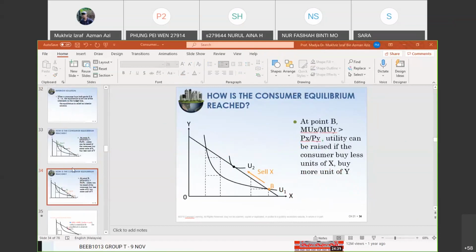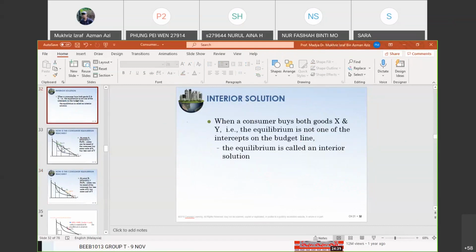So that is the concept that you need to understand. At principles of economics level, you are not required to calculate the MUX, MUY, because that requires partial differentiation, or pembezaan, to derive the function.